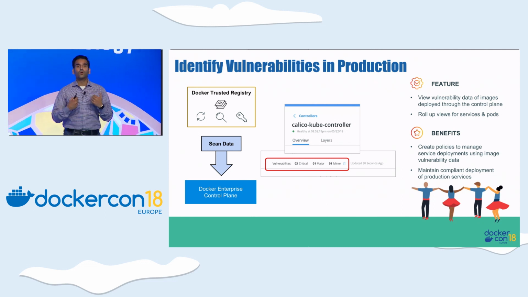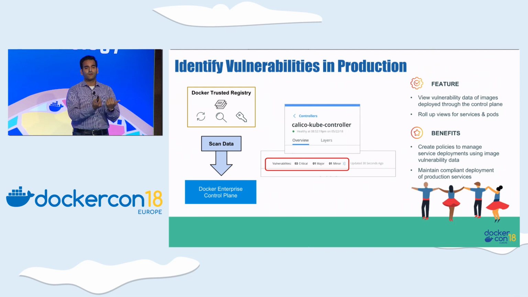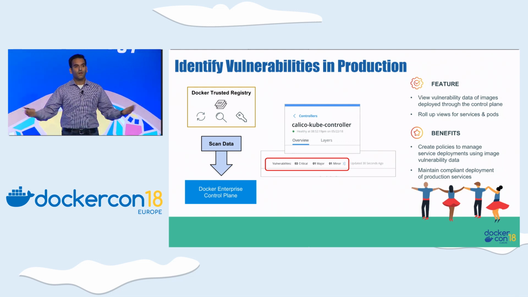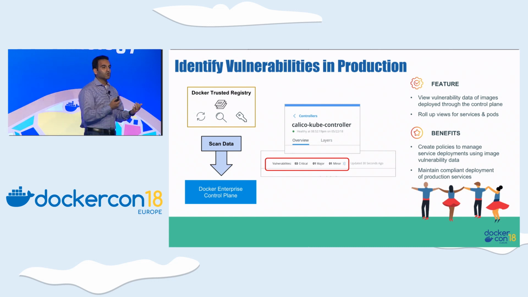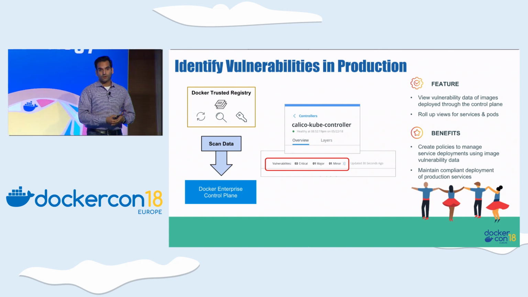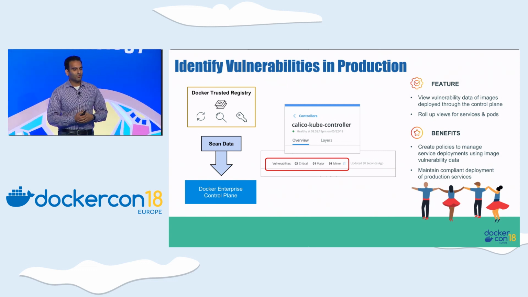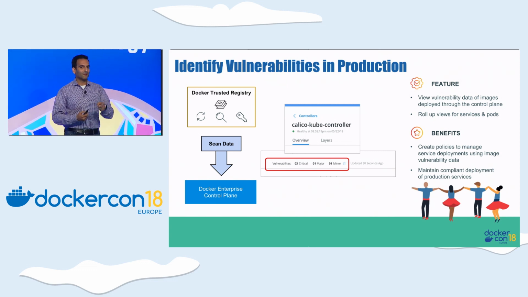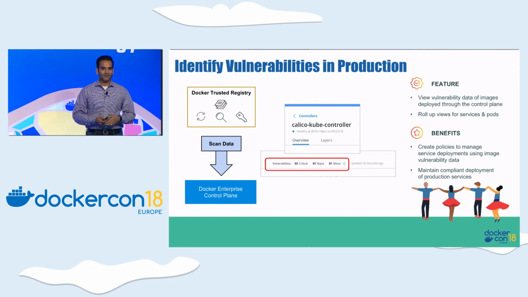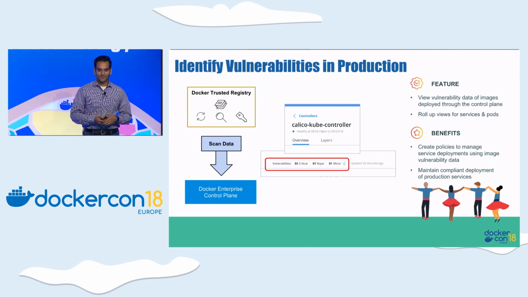After you know what the vulnerabilities are, you can create policies so that you can take action against them. Like you can stop the service, you can kill the particular container as well. I'm sure you saw this particular feature work really well at the keynote today as well.